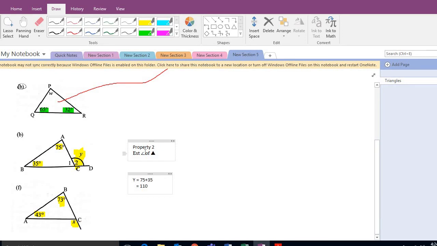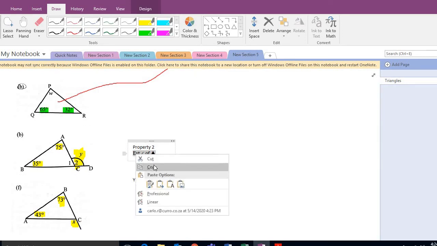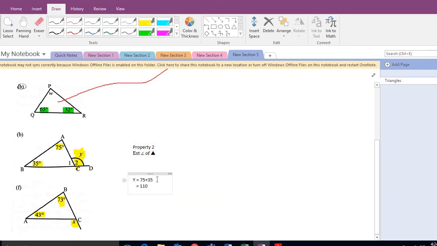And your reason is this reason over here: exterior angle of a triangle. Copy, put a bracket, Control V. It's not giving me the brackets, so you must put a bracket there, right? My computer won't let me put the bracket.